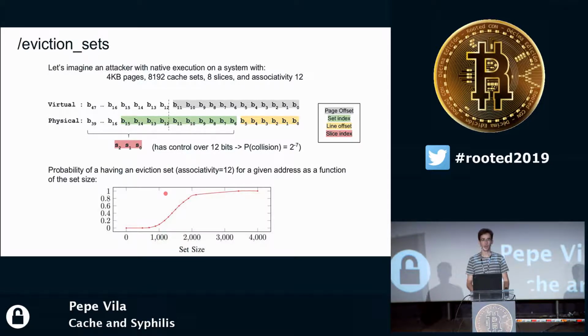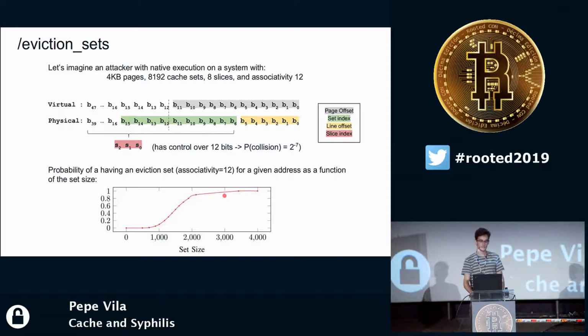If we use this probability to estimate how many addresses we need to pick randomly to find one eviction set, meaning 12 congruent ones, we get this chart. If we get 1,000 addresses with the same page offset, without any information about the higher bits, the probability of them forming an eviction set will be low.